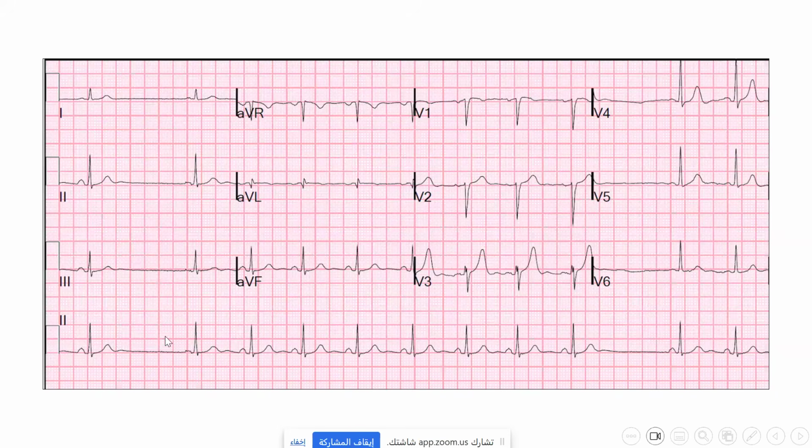So if the pause without a P wave is double or triple the PP interval, it is called sinus exit block. If the patient is symptomatic, device therapy. If asymptomatic, observation.